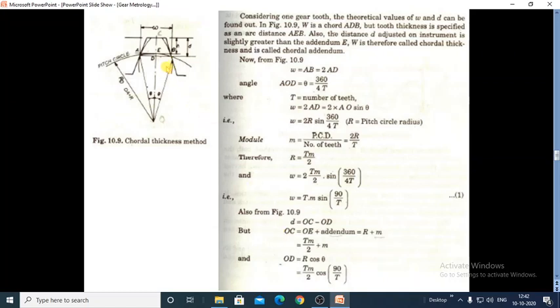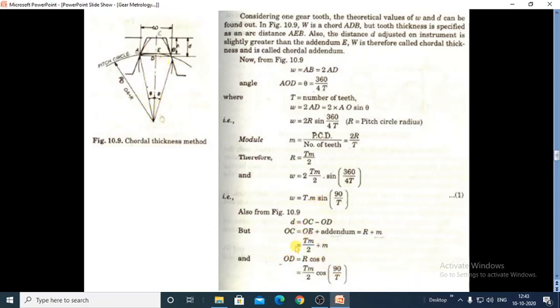What is OC? OC is nothing but OE plus addendum. And what about OE? OE is nothing but our R, the radius, and the addendum is nothing but M. So R plus M, and R's value is Tm upon 2. OD is nothing but R cos theta.